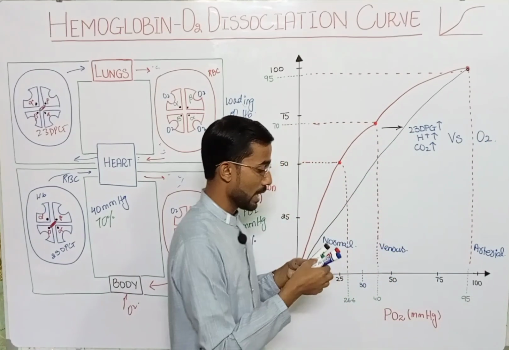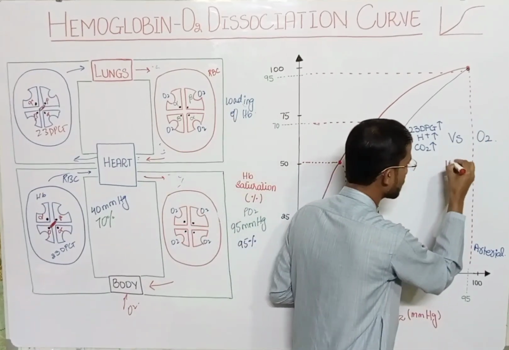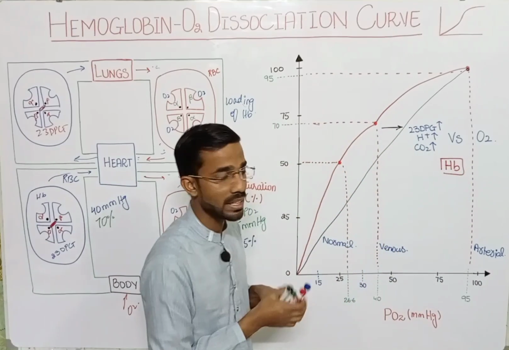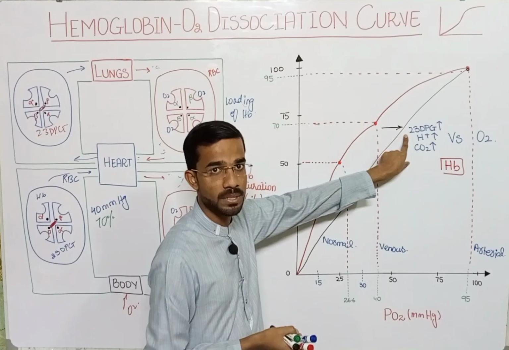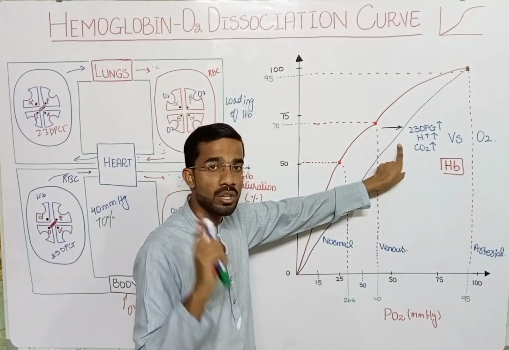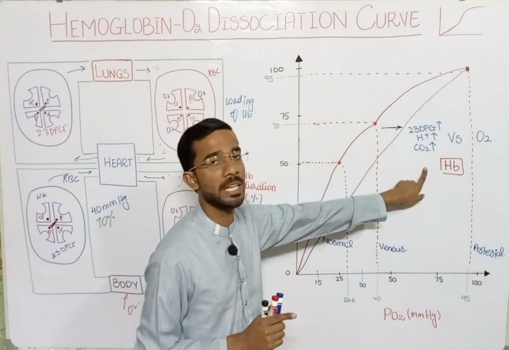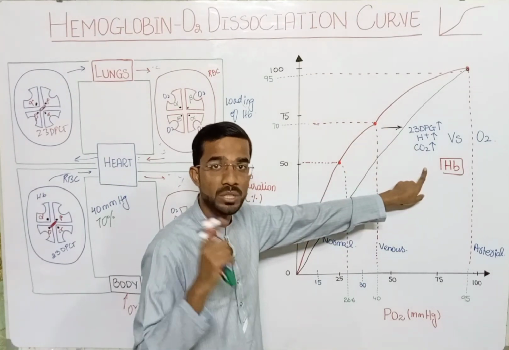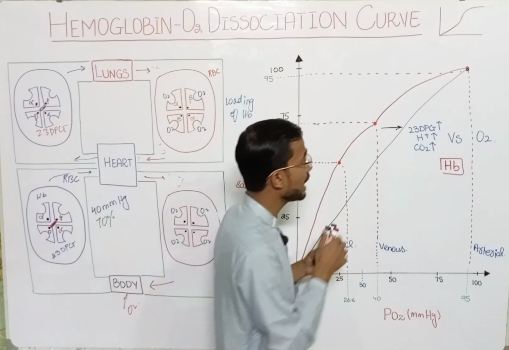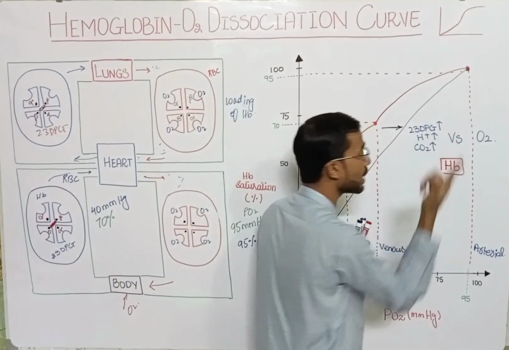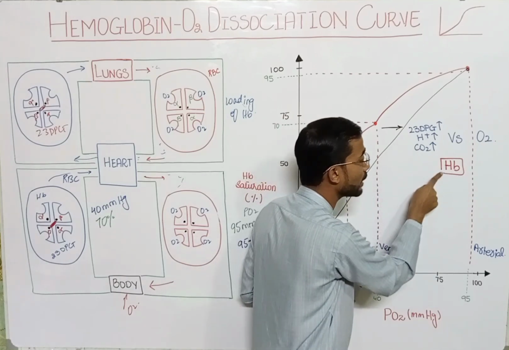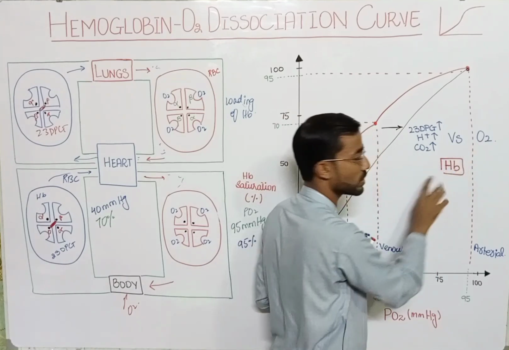As we know, there is a competition between these three substances and oxygen for the hemoglobin. Only those substances whose concentration increases will bind to the hemoglobin. So if 2,3-DPG increases, 2,3-DPG binds to the hemoglobin instead of oxygen.